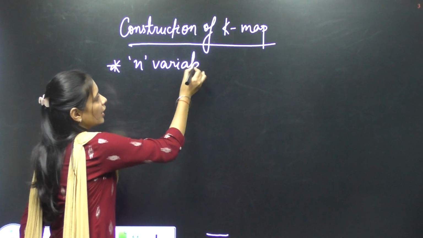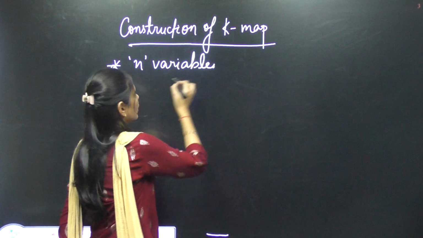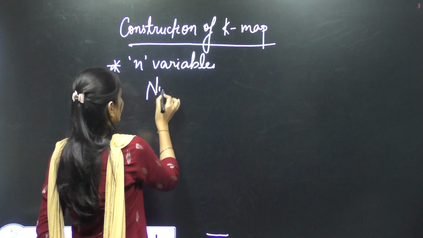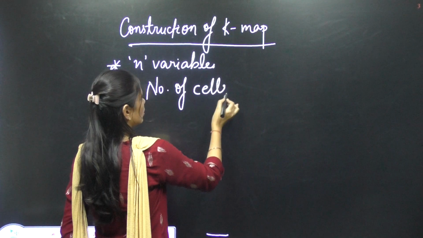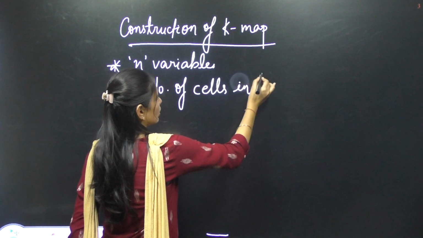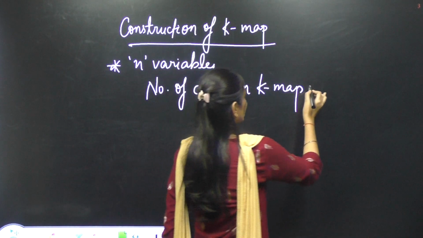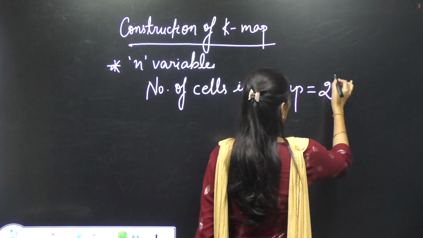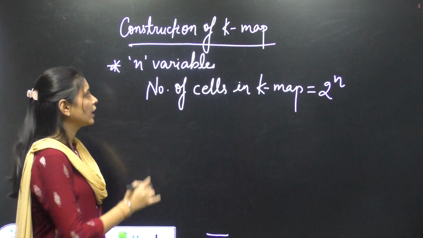If the number of variables in the Boolean expression is n, then the number of cells in the K-map is equal to 2 to the power n. This is the most important thing you must know about the K-map.